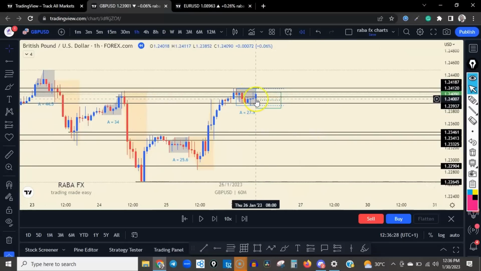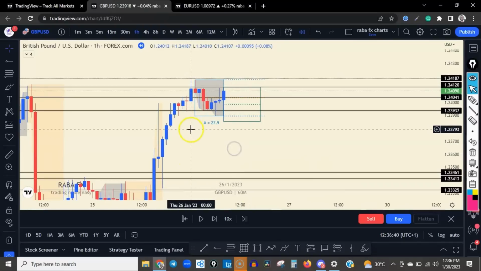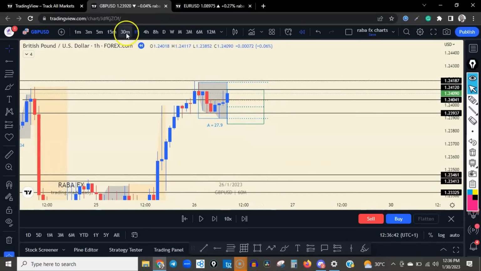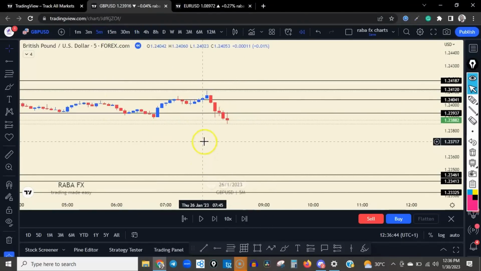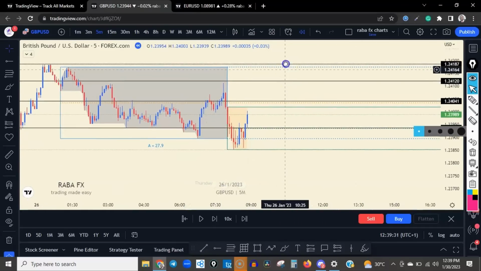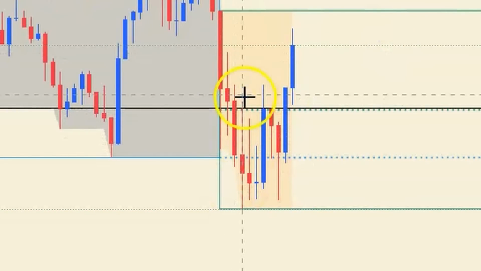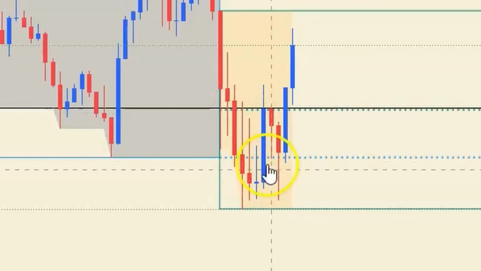Now this is Thursday. Monday, Tuesday, Wednesday, we are in profit, no loss yet. So we have multiple areas here, so this might get a bit confusing. On Thursday, because price closed below, we have a lot of rejection, not much move.